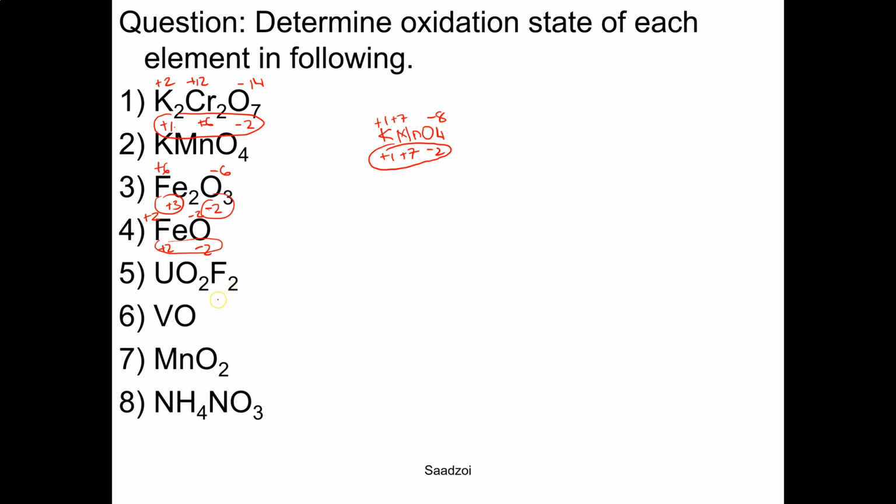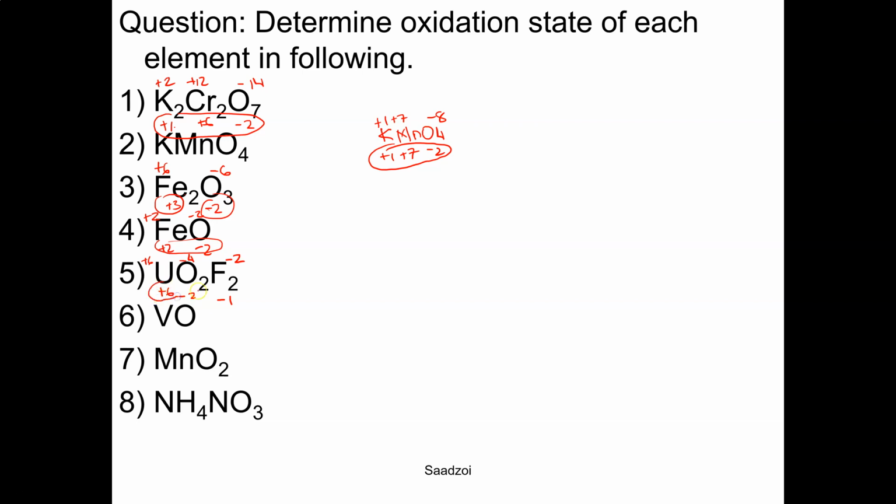Here, fluorine, -1, because it's always a -1, right? There's 2 of them, -2. So what do I do next? U or the O? O, of course, because there's a rule for it. -2 times 4 is -8... so that's -6. So what does uranium have to be? +6.